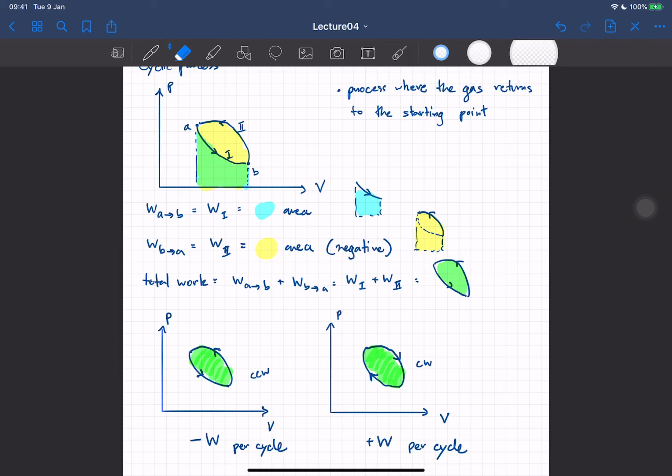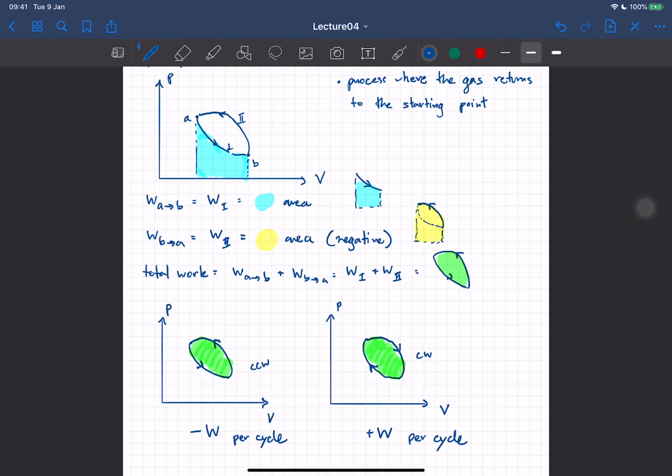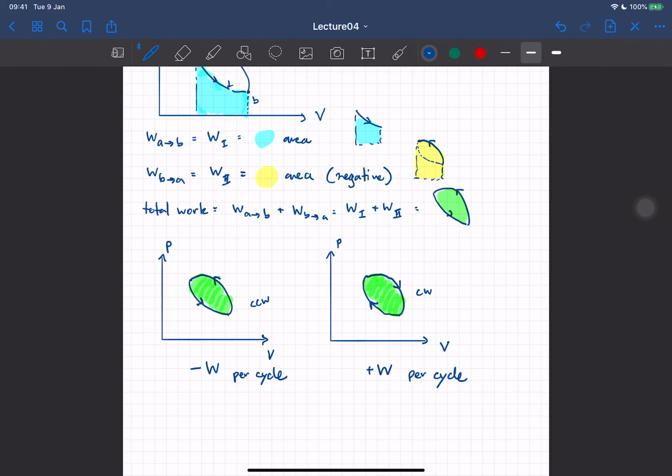Maybe I shouldn't draw too much here because it's kind of confusing. So maybe this is clearer. Is this okay? Okay. When you subtract the two, you are left with just the enclosed area here. The enclosed area tells you how much work you get per cycle, and whether it's positive or negative depends on which way you go around this loop.